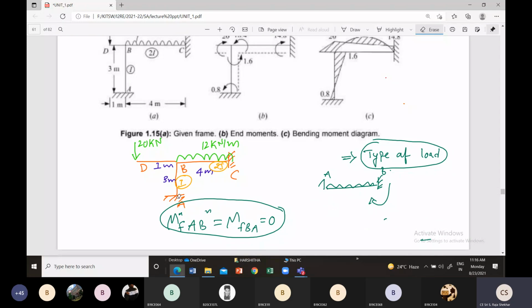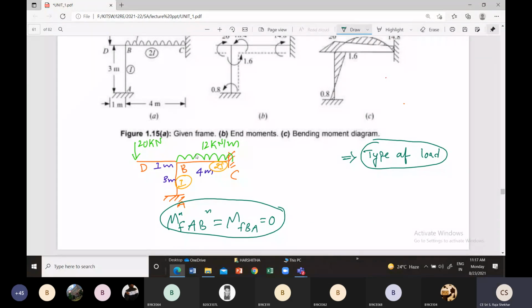For the AB member, external load is not acting. If there is a load, then a fixed end moment will develop. If there is no load, the fixed end moment will become 0. As there is no external load, MFAB and MFBA will become 0.